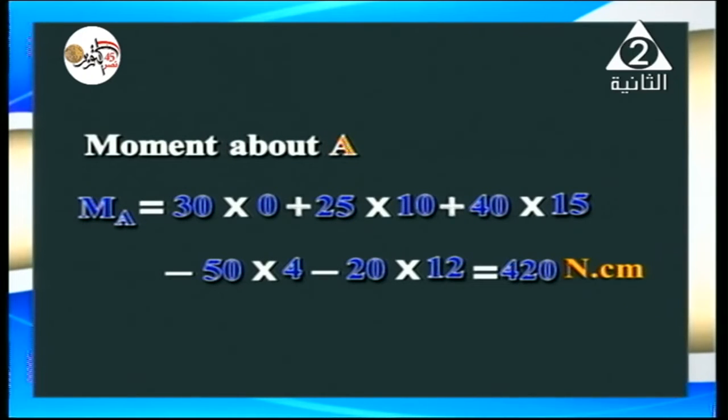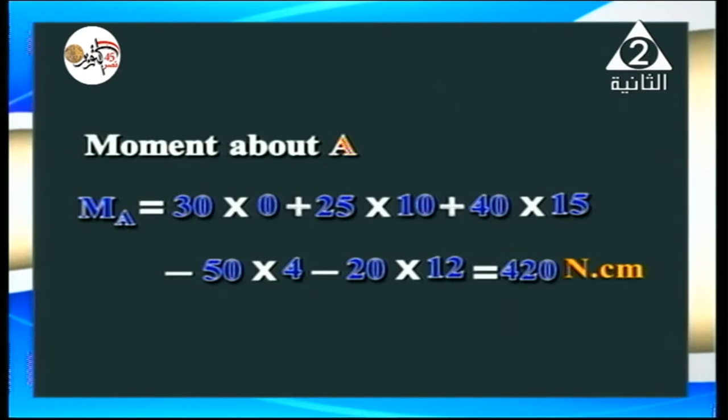My dear student, we know that if the moment is in clockwise direction it is negative, but if the moment is in anti-clockwise direction it is positive. Thus, we write negative 50 times 4, negative 20 times 12. Why?